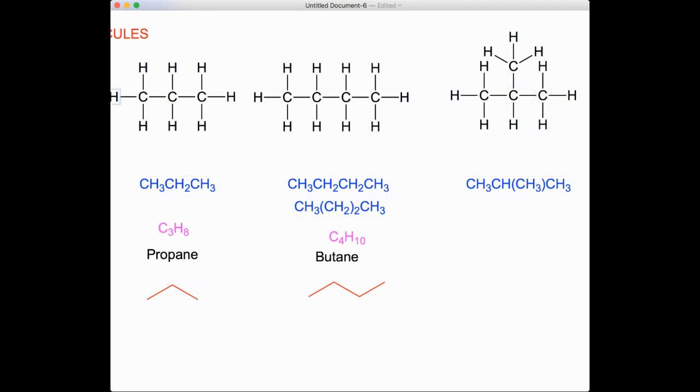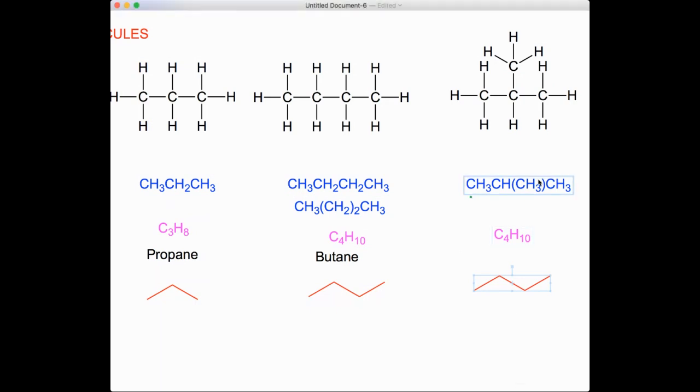The molecular formula here is C4H10. And now the line and angle. The parentheses are necessary, because that's how you tell where the CH3 is attached, okay?